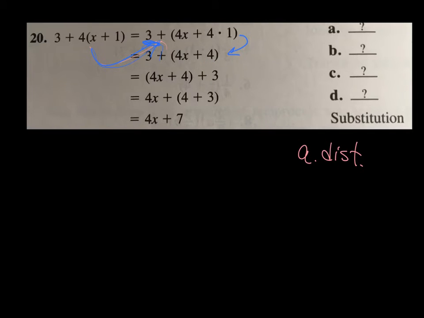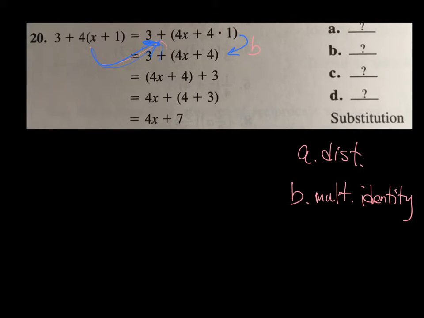Why is that? What does the identity property tell me? That 4 times 1 is just 4. Yeah, anything times 1 is itself. So part B is the multiplicative identity.